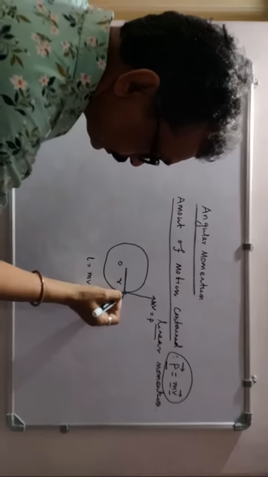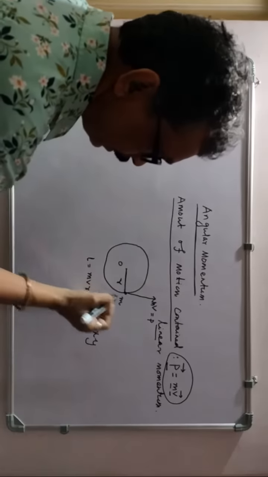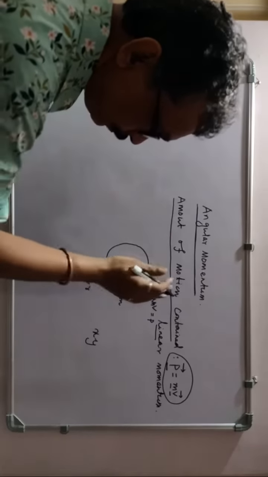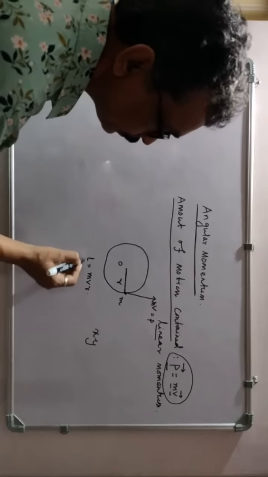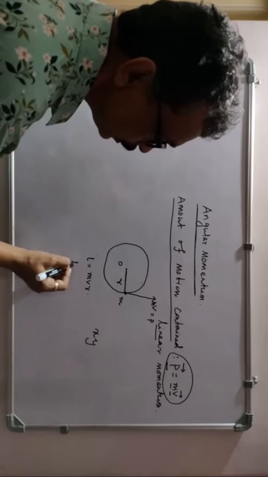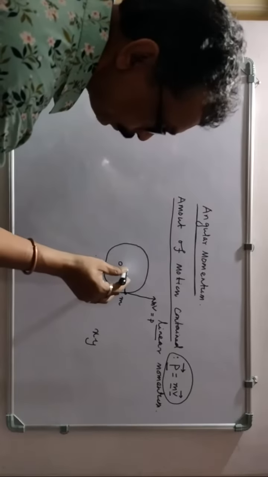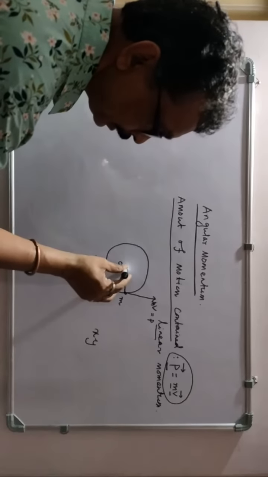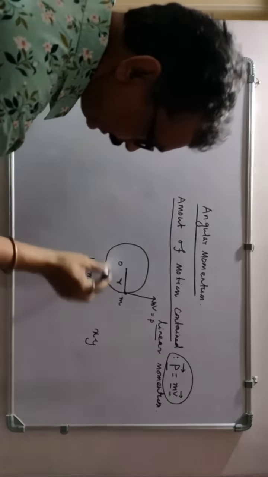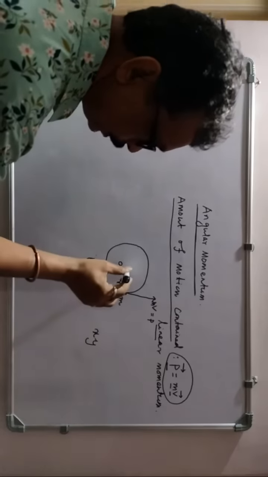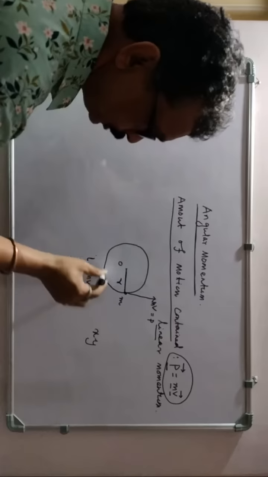If this mass moves in xy plane, suppose the mass is moving in xy plane, that is the plane of this whiteboard, then this vector, angular momentum vector will lie perpendicular to this plane.